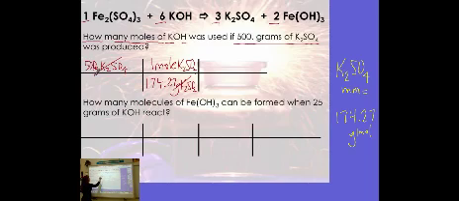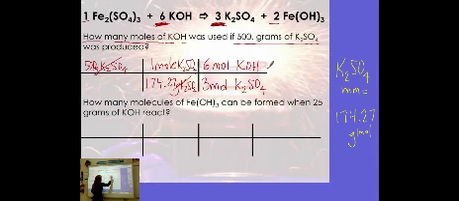I'm going from K2SO4 back to KOH. So my ratio is 3 to 6. 3 moles of K2SO4 equals 6 moles of KOH. Moles of K2SO4 cancel.